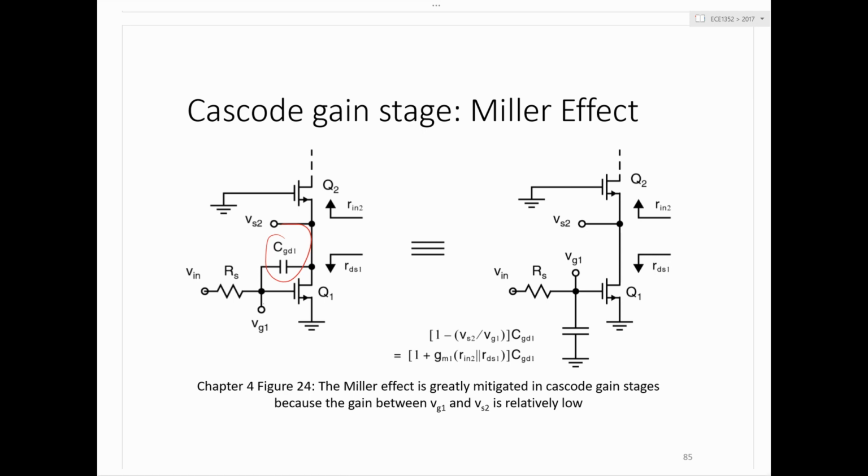Remember, that Miller multiplier relates to the gain seen across the two terminals of the capacitor, not from input to output of the stage, but across the capacitor itself. So the Miller multiplier is just being multiplied by the gain of one part of the cascode, just the common source part.